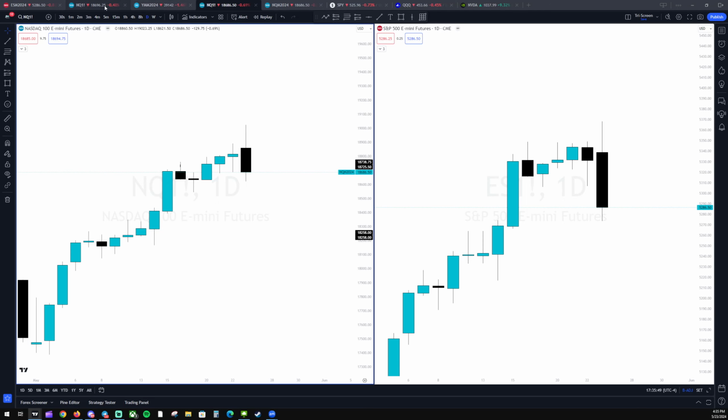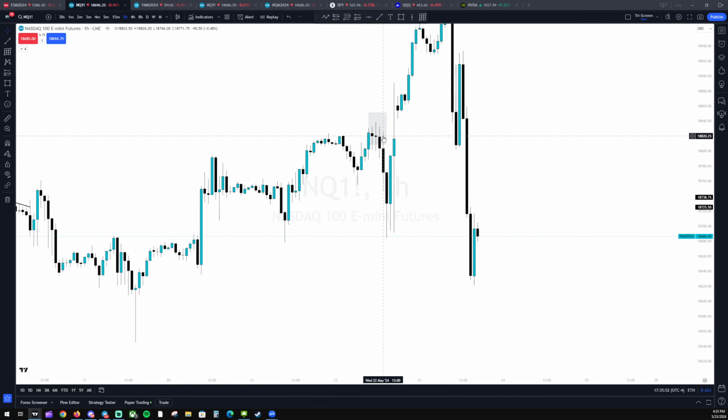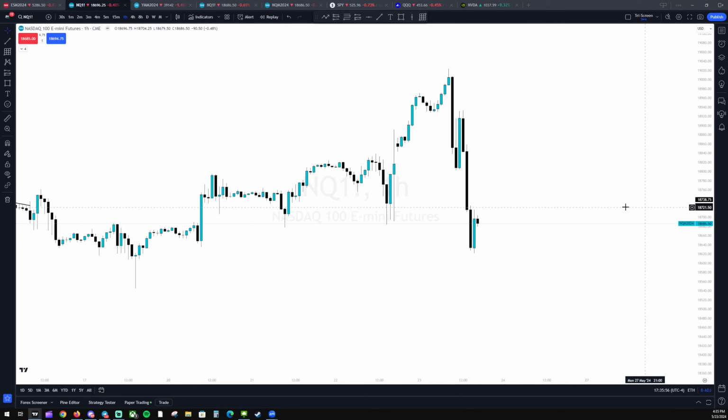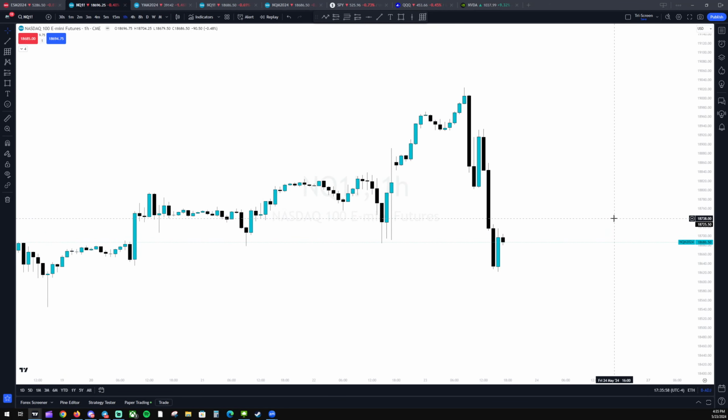I'll go over breaker blocks quick. Actually, breaker blocks are perfect. I'm not a big breaker block trader. Breaker blocks are essentially what most people refer to as resistance turned to support, support turned into resistance, right?